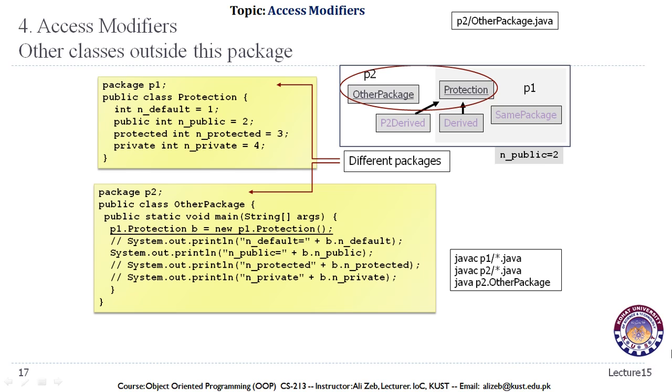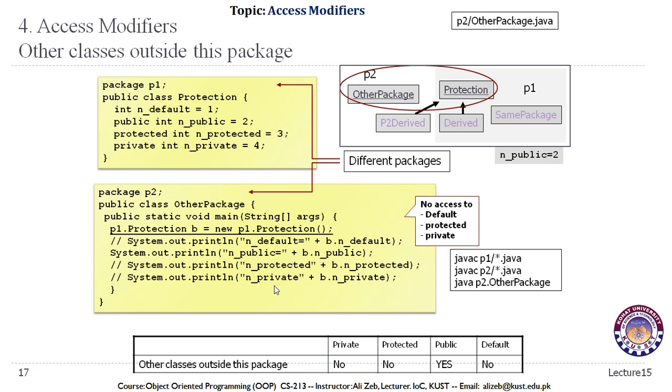We can only access the publicly declared variables in the protection class. So there is no access to the default variable. As we can see, there is no access to the protected variable. As we can see, there is no access to the private variable, of course.